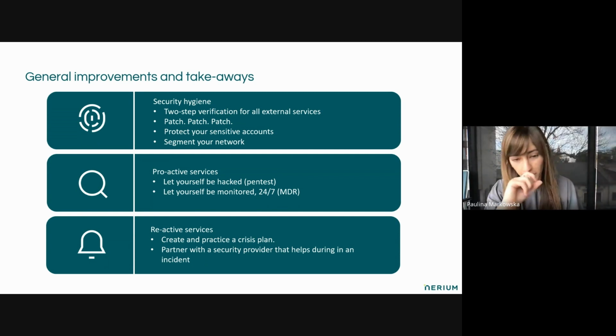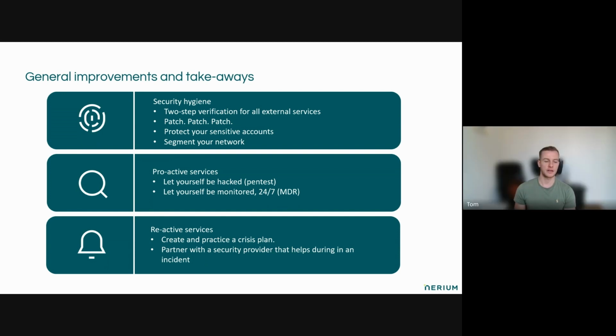And reactive services, I'm curious about the crisis plan, because it does sound like something nice to have at all times. Can you give very, very basic info on how that looks, how to set it up? Sure.